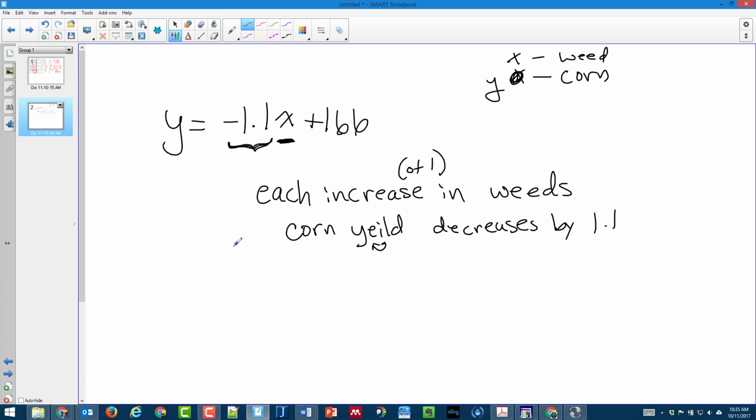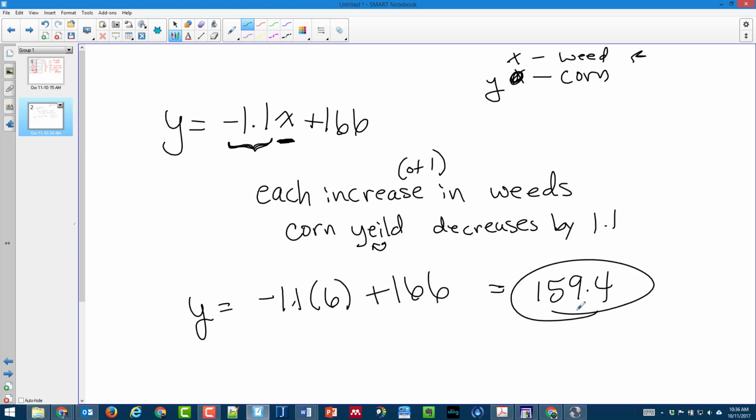But then it goes on and asks to predict the yield for 6 Lamb's quarter plants per meter of row. So if I were to put 6 of those weeds in here, I'd basically be doing y equals negative 1.1 times 6 plus 166. And plugging those numbers in, I would end up with 159.4 as my predicted yield.